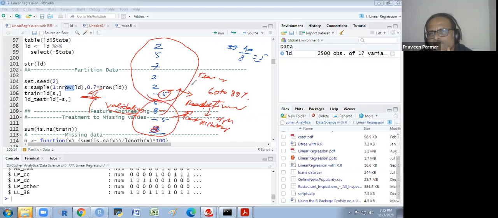Suppose in the training model, if you test with the trained data, you are getting somewhere 72% accuracy. And with this validation data, you are getting again 71, or it may be 73 also. It may be 70%. But with the test data, you are getting 51%.